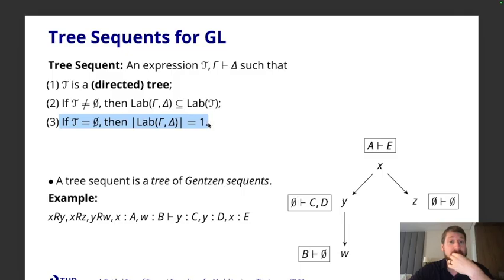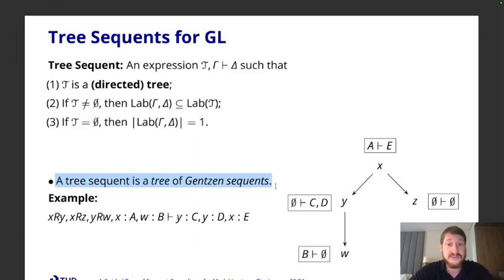The second condition says that if T is empty, so there are no edges in the tree, then this is just a tree that consists of a single vertex. So that means that for Γ and Δ, all the labels of the labeled formulae that they have are at most one. There's only a single label labeling these formulae. And so this encodes essentially just a single vertex with some Gentzen sequent that is labeling that vertex.